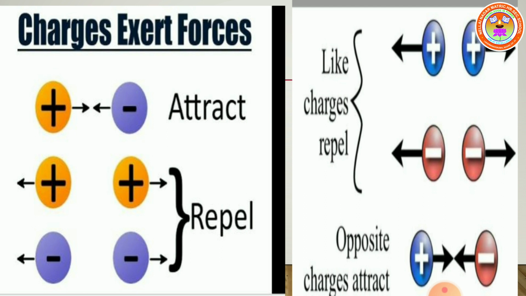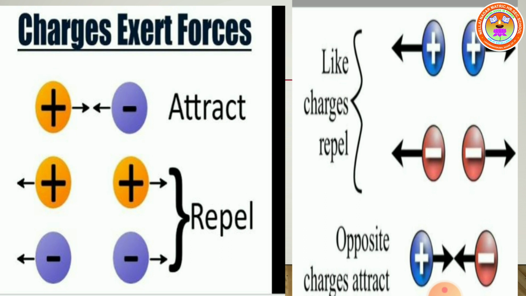It is carried by the subatomic particles, meaning electrons, protons and neutrons. Here we are taking protons and electrons. Law of conservation: charges can neither be created nor be destroyed.